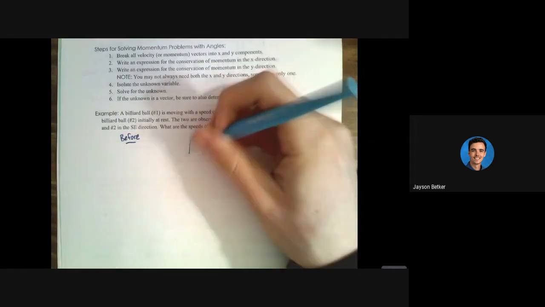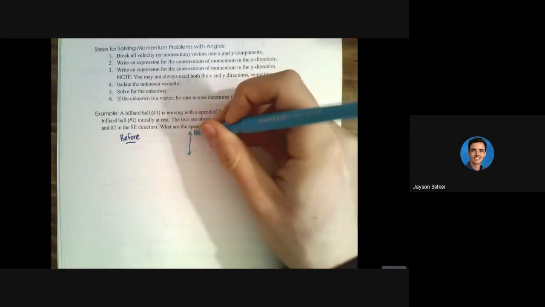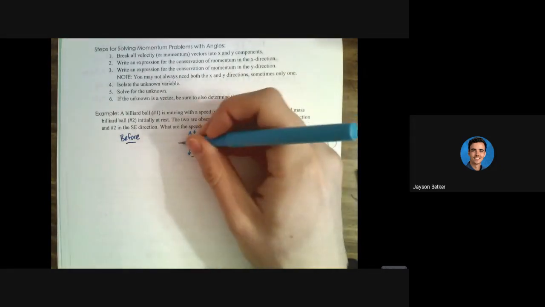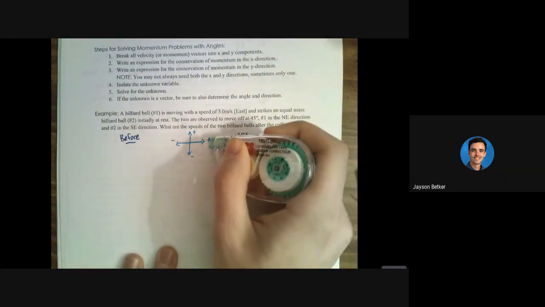And in the middle here, I'm just going to say, okay, anything up, or we'll say north, is going to be positive. Anything south is going to be negative. Anything to the east will be positive, and anything to the west will be negative. Okay, that looks like a T. I don't know why I did that. There you go. Okay.